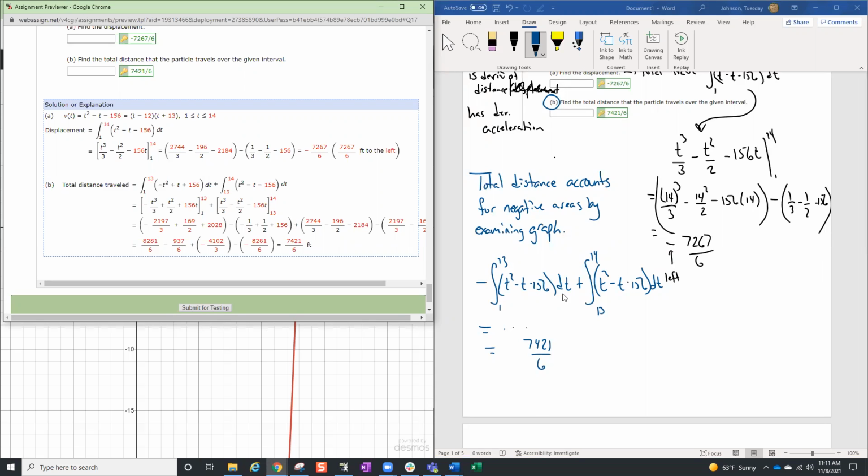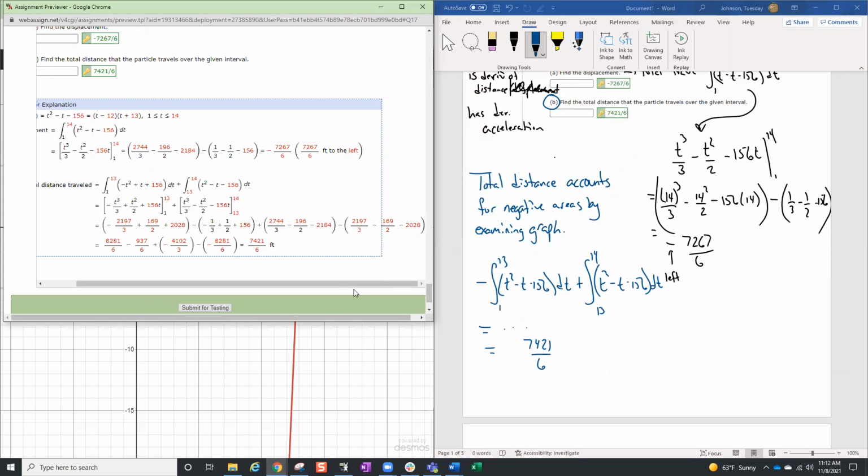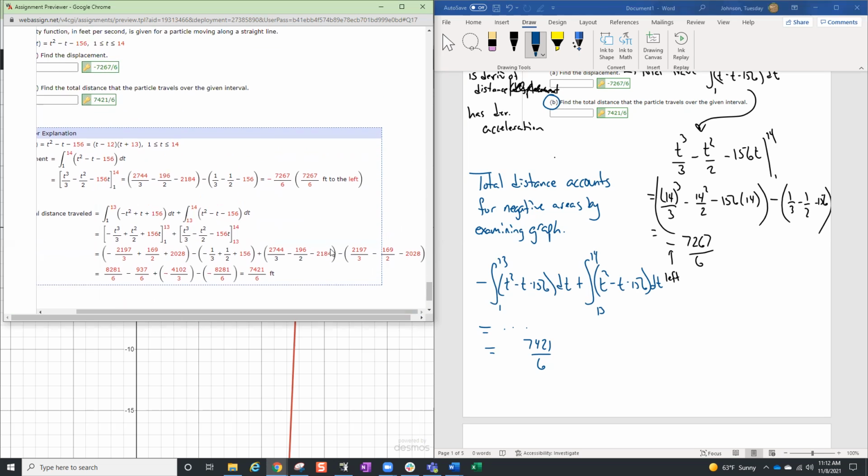So when we put in our 13s, we're kind of just doing that twice. Notice we put in 13 and down here we put in 13, so we have a negative 2197 and a positive 2197. A positive and a negative, they cancel out. So when you're simplifying this, there's a lot of good cancellation going on. You can check it out and get the values from there.